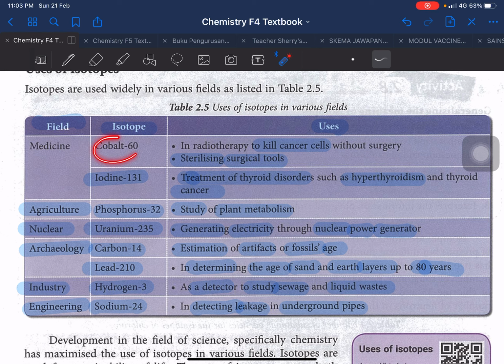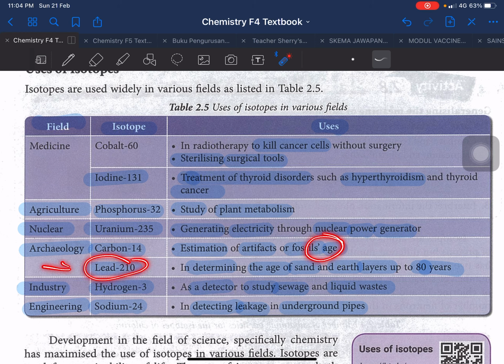Ingat cobalt-60 membunuh sel kanser, iodine-131 merawat kanser tiroid. Tiroid tu yang di leher. Agriculture, pertanian, fosforus-32 membantu mengkaji metabolisme tumbuhan. Nuklear, uranium-235 menjana elektrik. Arkeologi, carbon-14 ini famous, menganggar usia fosil ataupun artifak. Contoh-contoh adalah tulang, pasu, tembikar dulu-dulu.